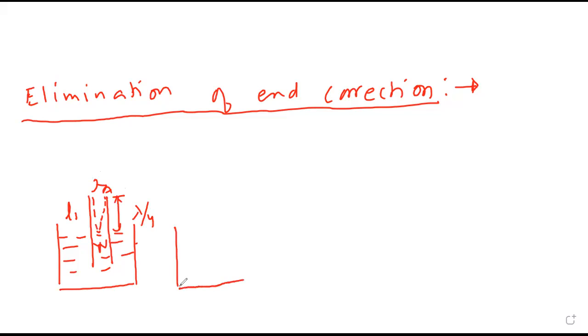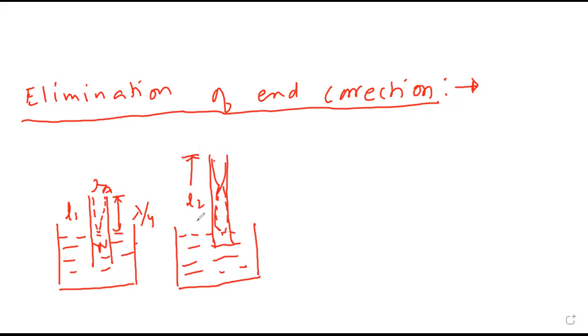Okay. Then we raise the tube so that once again it is vibrating in resonance, but in the next mode. So how many loops will be formed? 1.5, because one side is open.